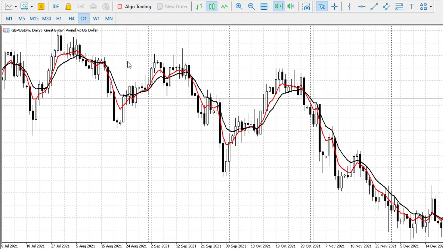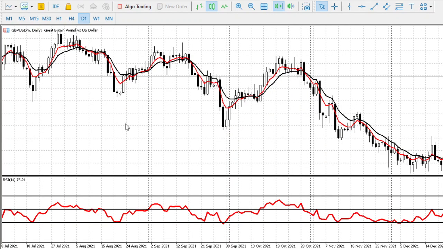Now we are going to oscillators, and then under oscillators we are going to search for relative strength index. The relative strength index should be period 14 applied to close, style of your choice again. As you can see, now we have this relative strength index, that is the RSI. What the RSI does is that for this period 14, it measures the last 14 candles and determines the percentage of bullish candles as well as bearish candles.